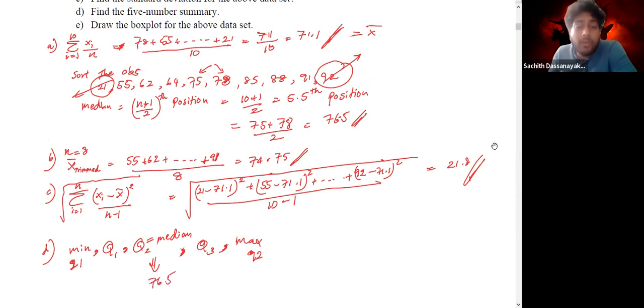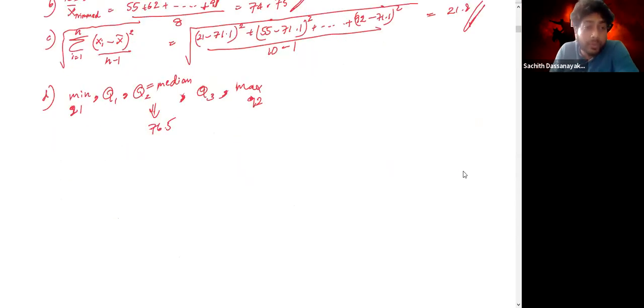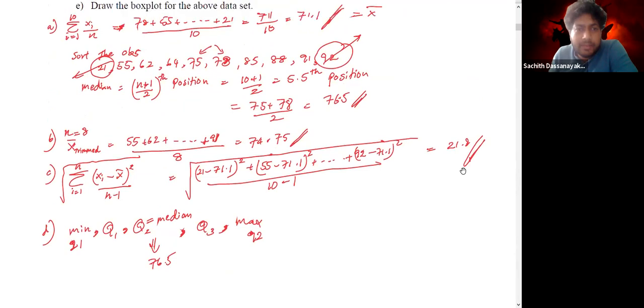But you have to figure out Q1 and Q3. So how do you find them? I'll use the same data. First, you have to sort the observations into ascending order like this.